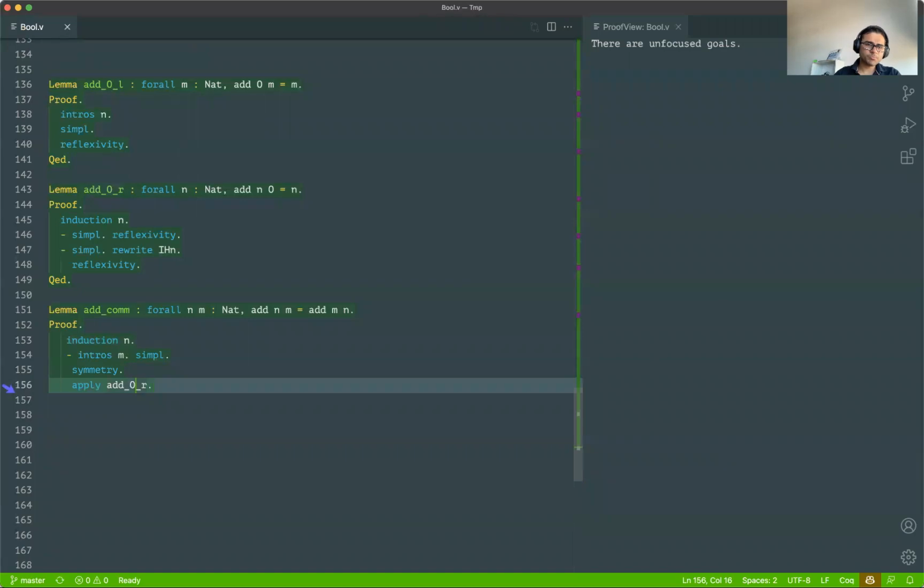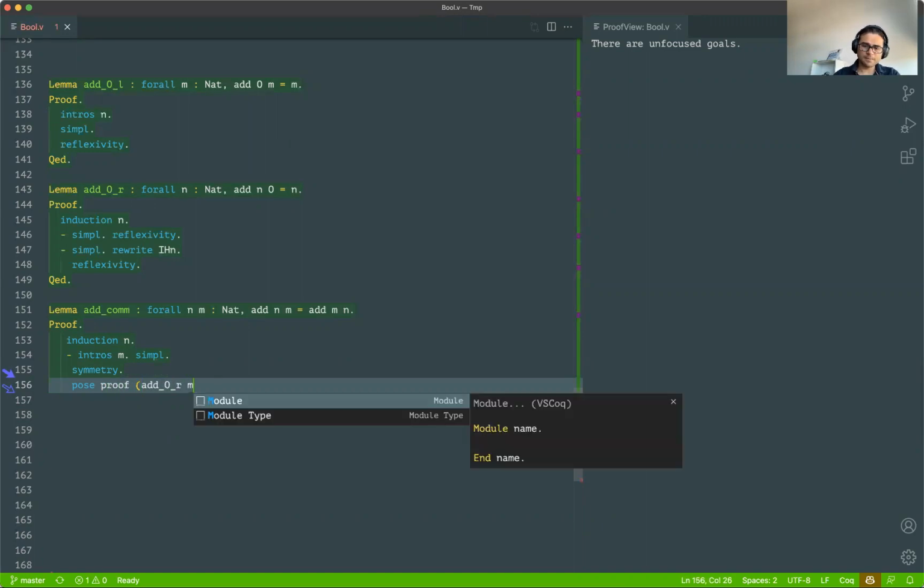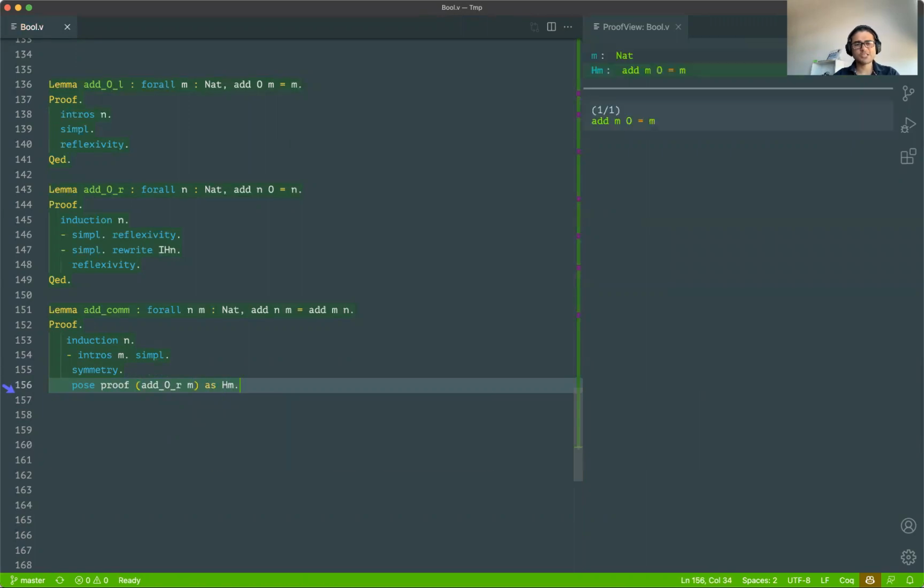If it feels very magical to you, here is how you can see what's going on. Pose proof m as HM. So I'm renaming this thing. You can just write simply pose proof, but it's not a good practice because Coq replaces it with some ad hoc names and maybe later it will become a problem if your proofs are big.